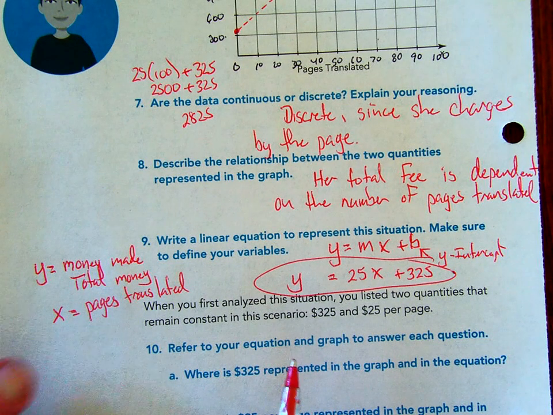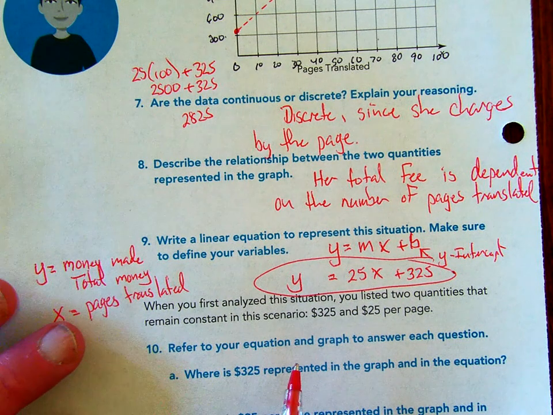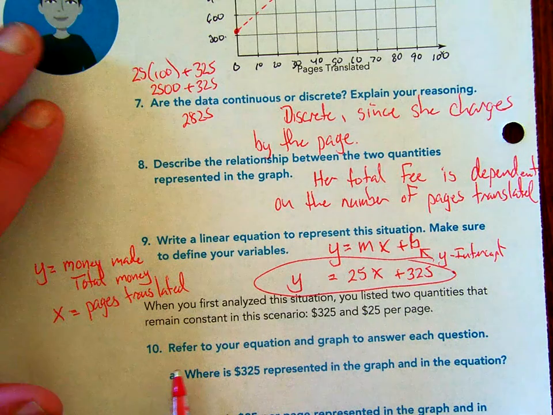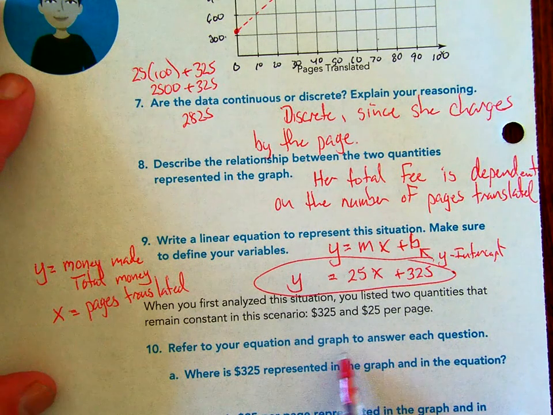And then number 10, refer to your equation and graph to answer the following questions. Where is 325 represented in the graph of this equation?